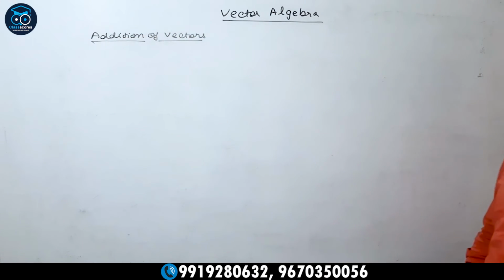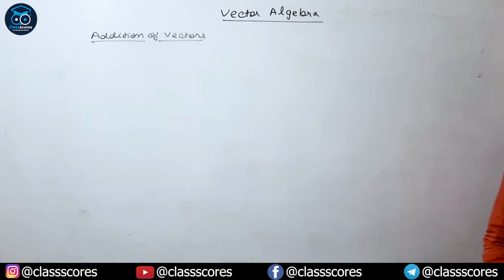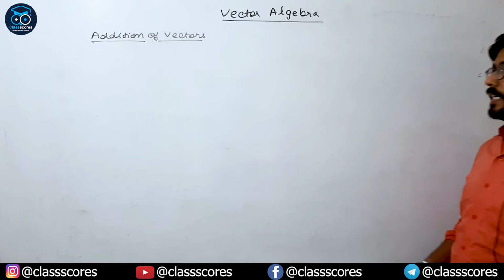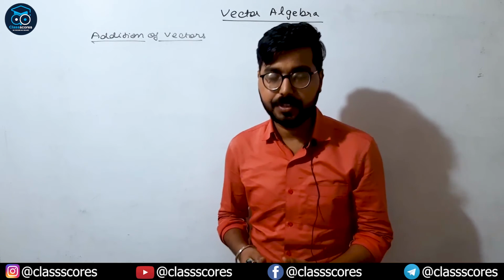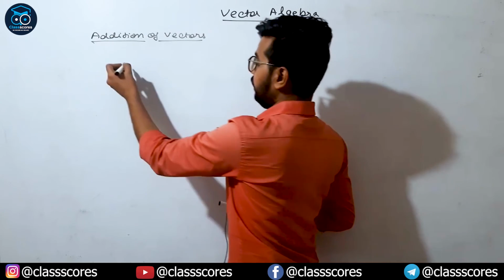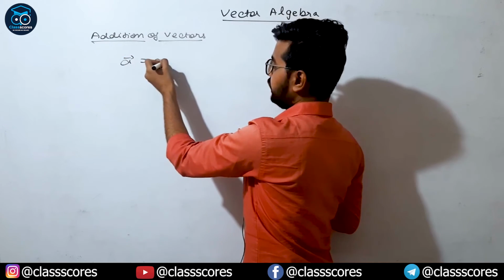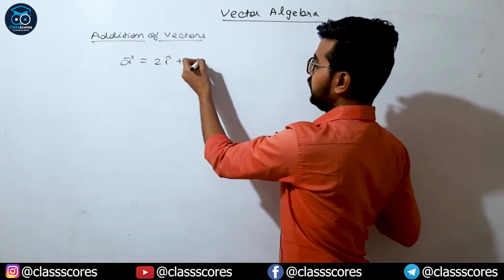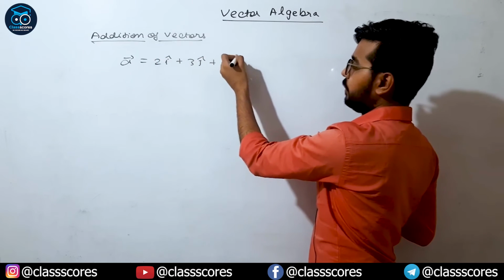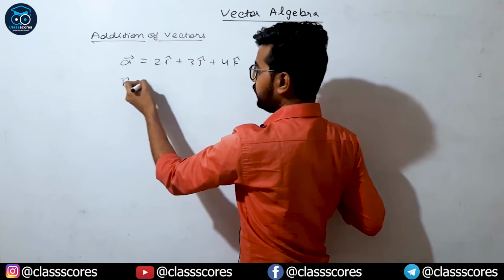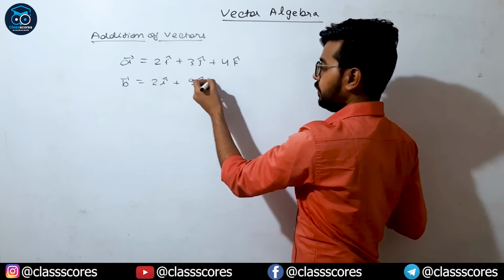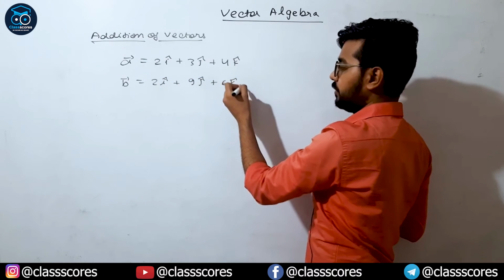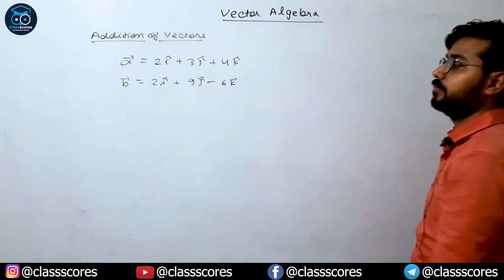It is quite simple. Whenever we need to add two vectors, the same components will be added or subtracted. Like if we have a vector that is 2i cap plus 3j cap plus 4k cap, and b vector is 2i cap plus 9j cap plus 6k cap. Here we can take negative.